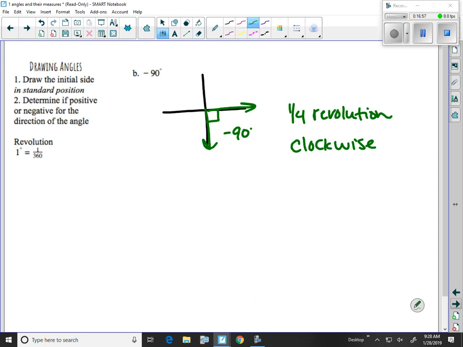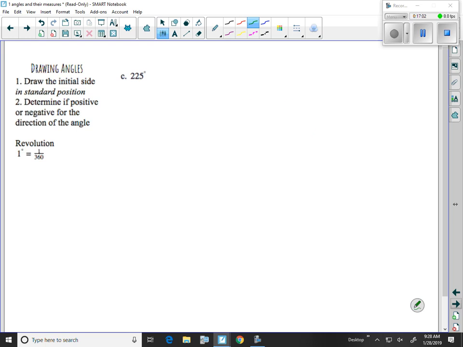Assuming that we don't have a bunch of crazy days in between. Okay, so we're going to combine some things here, because 225 is a little bit different. So let's go ahead and draw our coordinate plane. We know that our initial side is going to start on the positive x-axis. Would you agree that we're going to go at least 180 degrees?